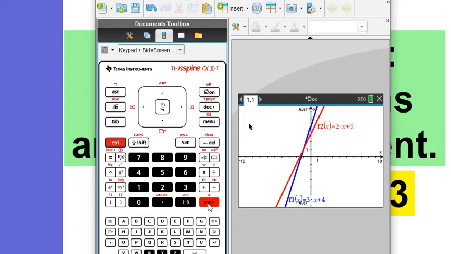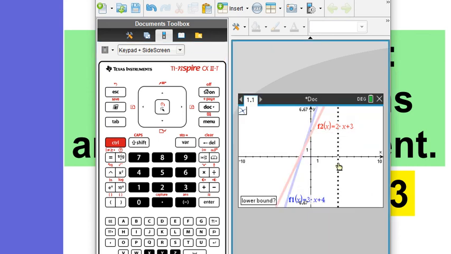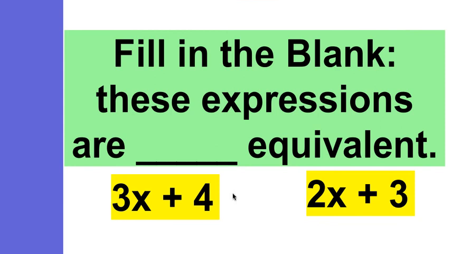I press enter again, and notice that we get two lines that do have one point in common. So if I go through and look for where those two lines intersect, they meet at the point (-1, 1). So what that tells me is there is one point, when x is equal to -1, where these two expressions are equivalent.